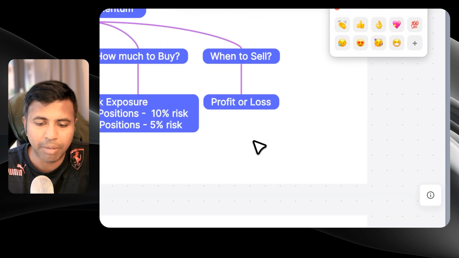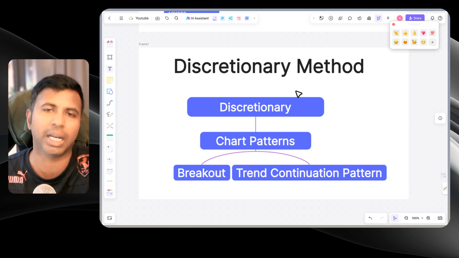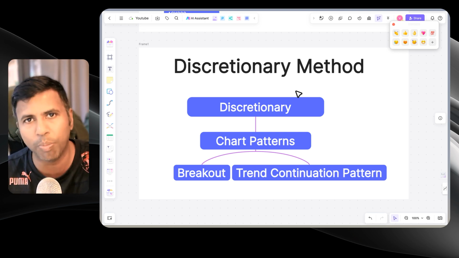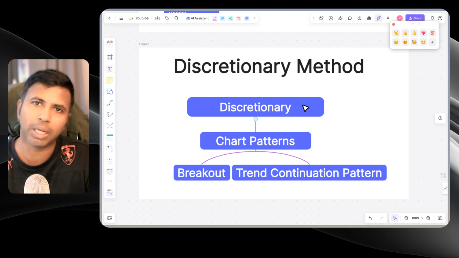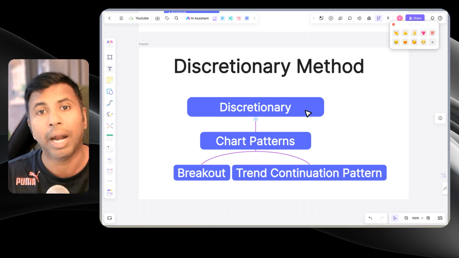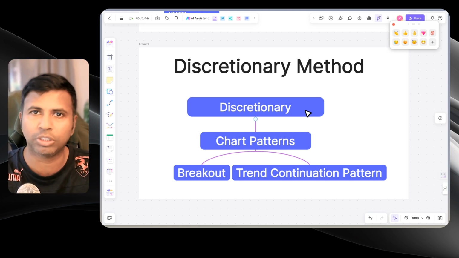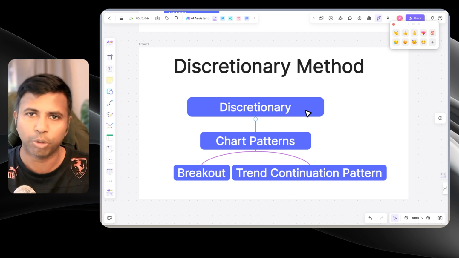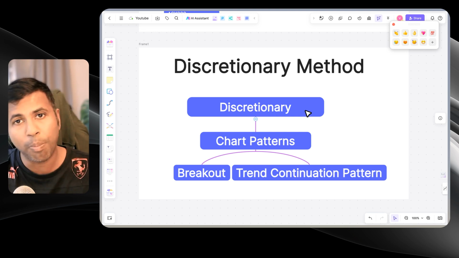So the second method is the discretionary method. Discretionary method is slightly subjective, where your human judgment is involved. For this style of trading, I only do about 20% of my trading as discretionary. And you can apply discretion on top of your systematic portfolio.